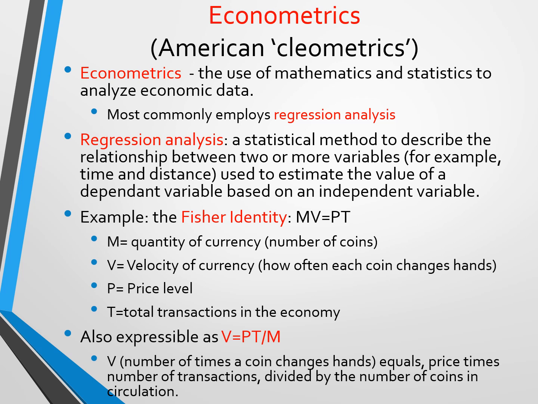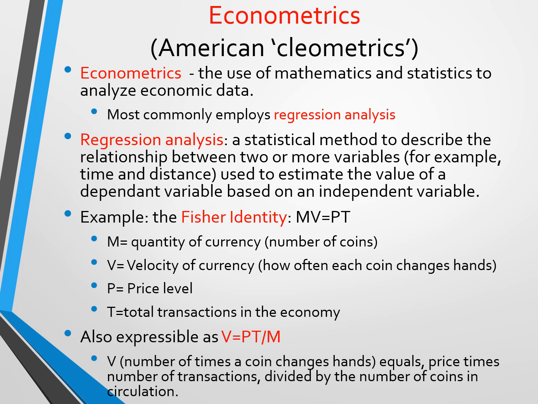One example of econometrics would be the Fisher identity, which has been used to try and analyze pre-modern economies. An identity is a mathematical formula whereby the material on the left equals the material on the right. In this case, MV equals PT.